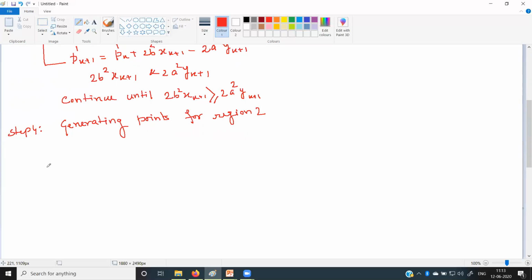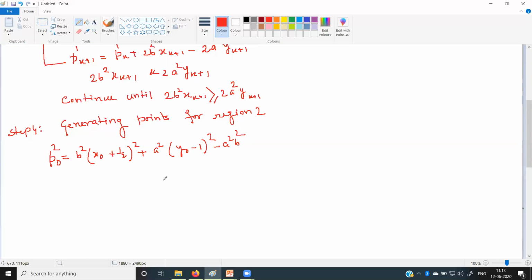Here we have to write P0 for region 2, the initial decision parameter, which will be b square, x0 plus half, whole square, plus a square, y0 minus 1, whole square, minus a square b square.